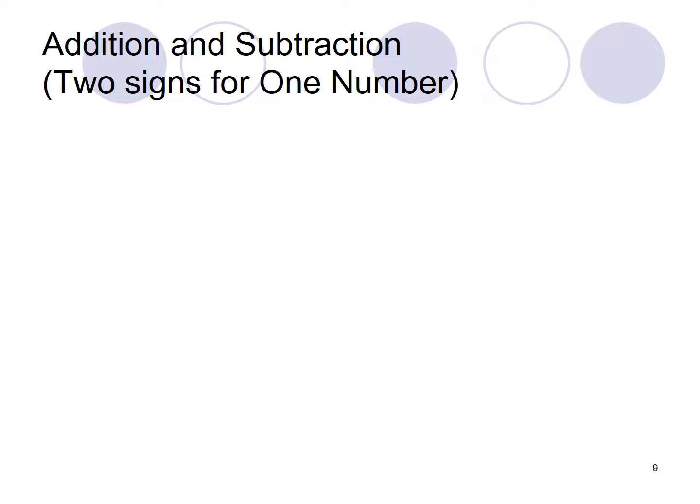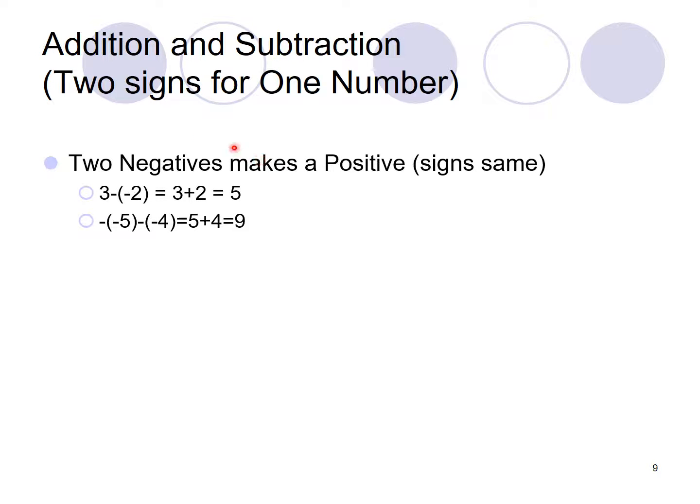So I just want to make sure that you know, if one number has more than one sign against it, how do you know which of the signs to actually use? In this one here, we'll just take a look, for example, at this number here. When a number has 2 signs against it, the rule is 2 negatives makes a positive.